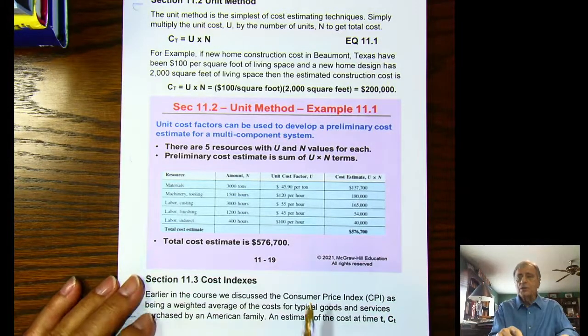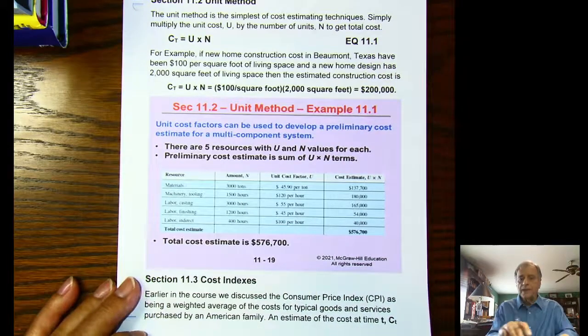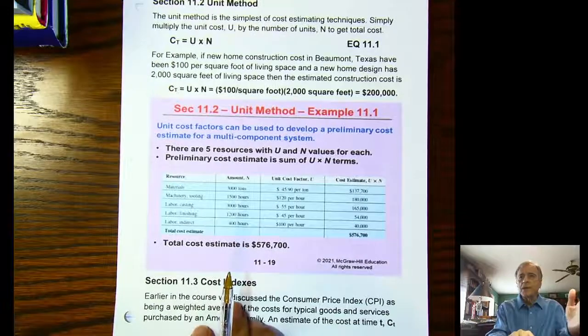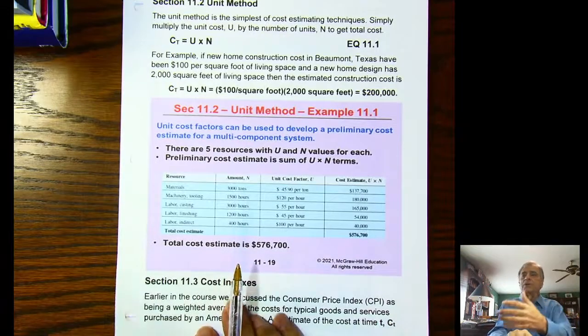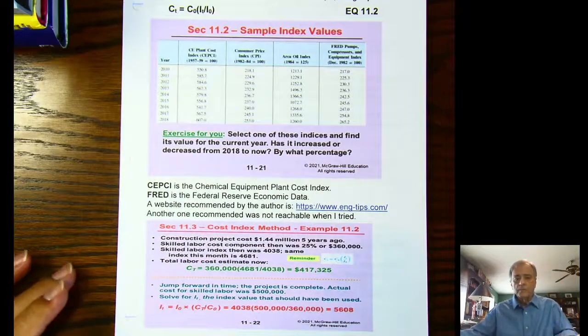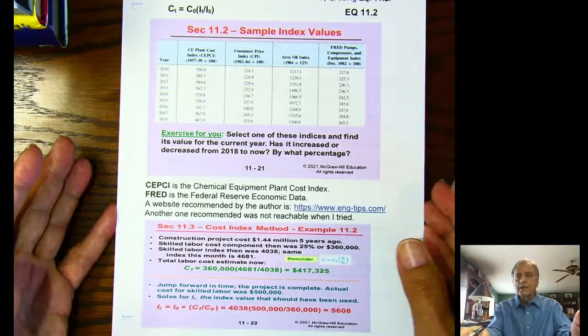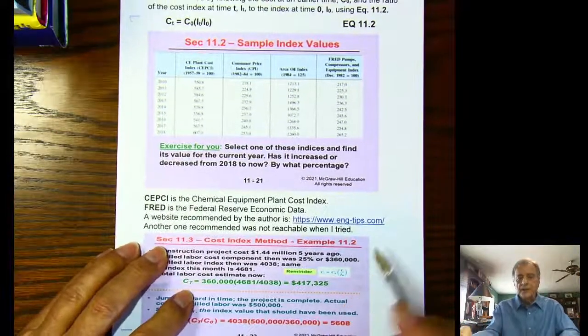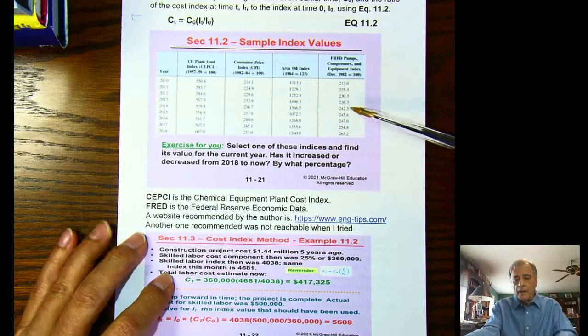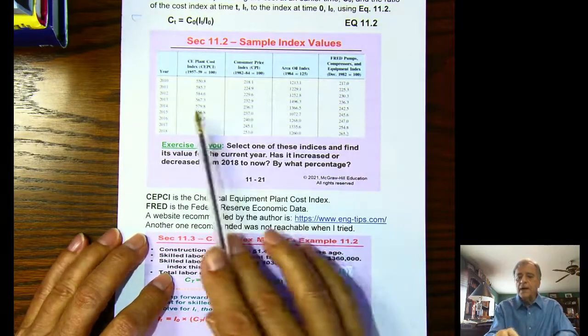We're going to use cost indexes, though, to estimate costs of a product or service when we know what the cost was maybe at an earlier time. And so the author presents in this table here that's in the book the different kinds of indexes.